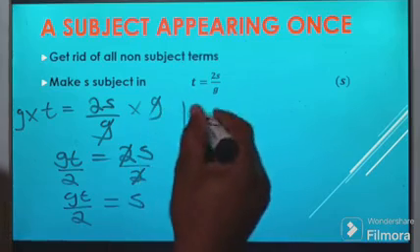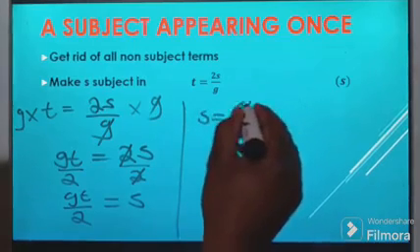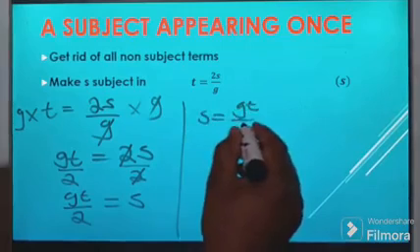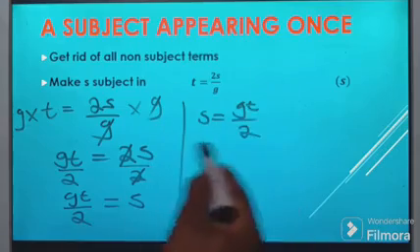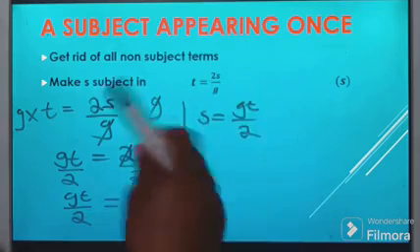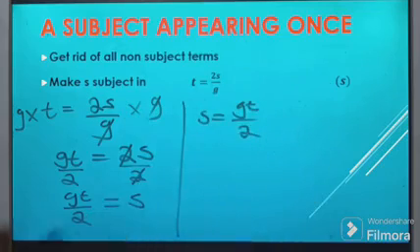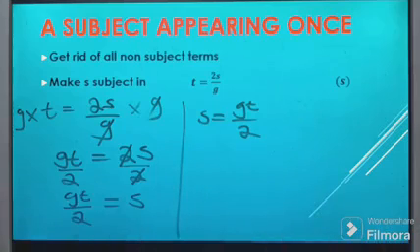But we can also rewrite this as S is equal to GD over 2. It's always best to present an equation this way, because the subject of the formula should be on the left hand side, and everything else on the right hand side. So we are done.